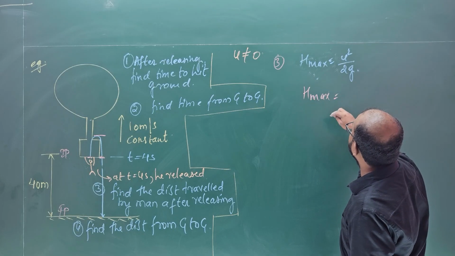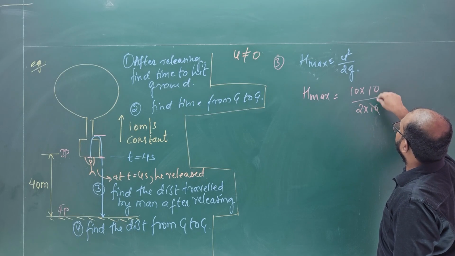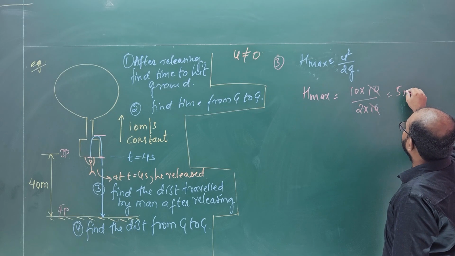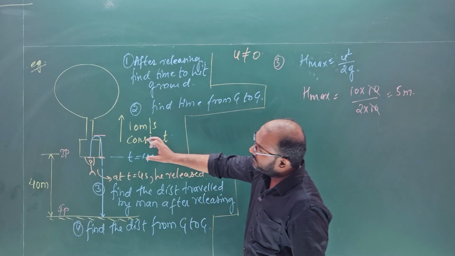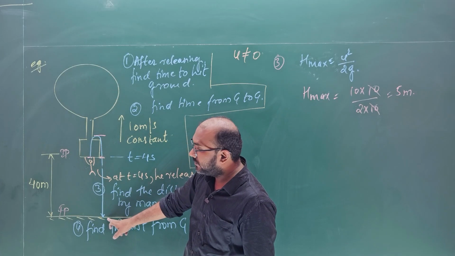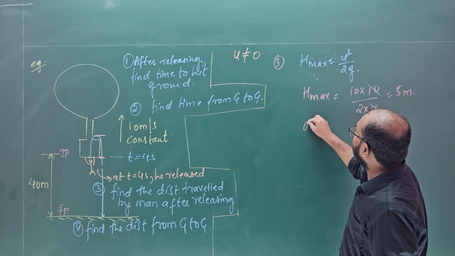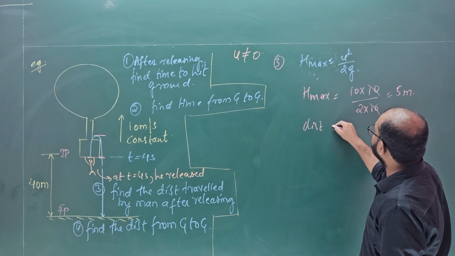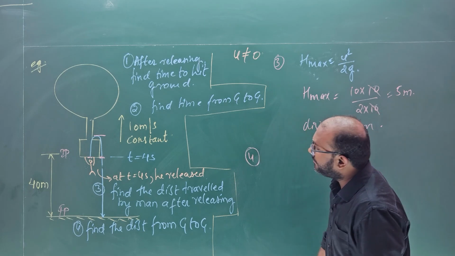H max is nothing but 10 into 10 upon 2 into 10, 10, 10 cancel, 1, 5. So 5 meters. So what is the height we got? H max 5. So can I say that this 5 plus this 5, 10, and this 40, 50. So third answer is what? Distance after releasing is what? 50 meters.